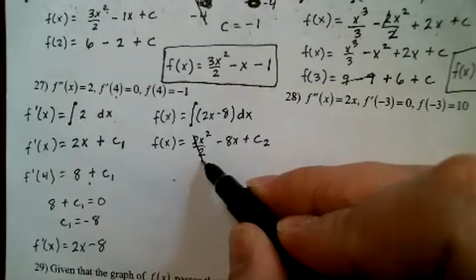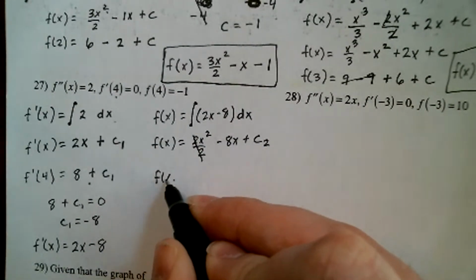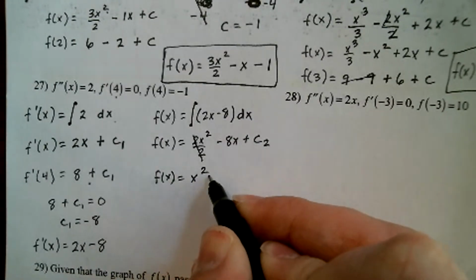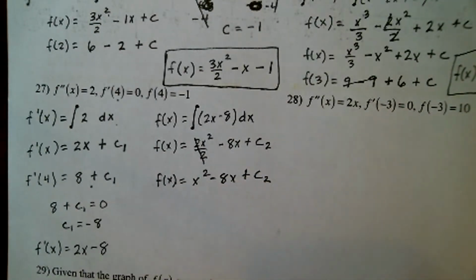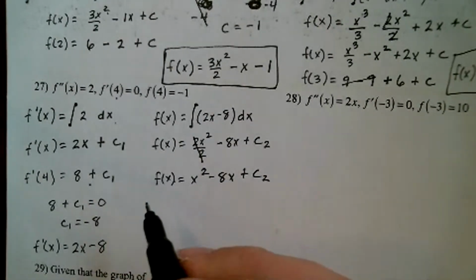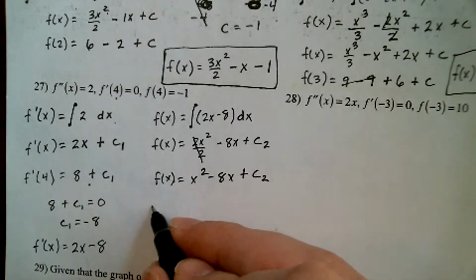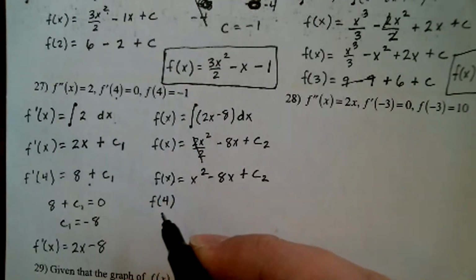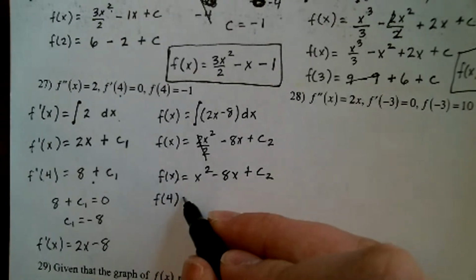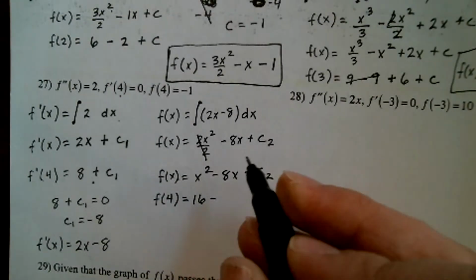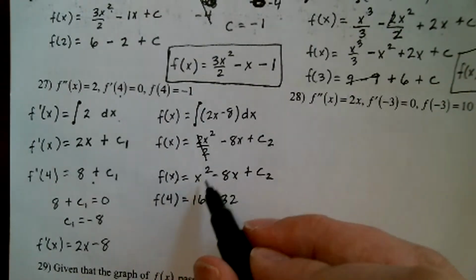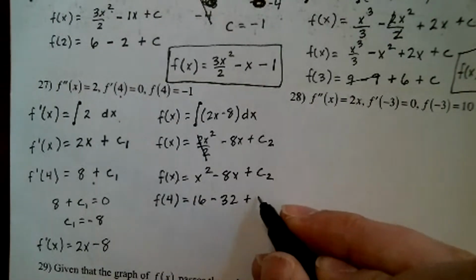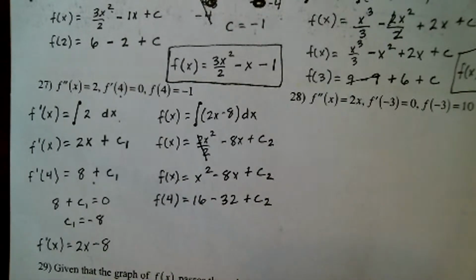From there, that cancels. I have f of x is equal to x squared minus 8x plus c sub 2. Then I have f of 4, and f of 4 would be 4 squared is 16, minus 4 times 8, which is 32, plus c sub 2.